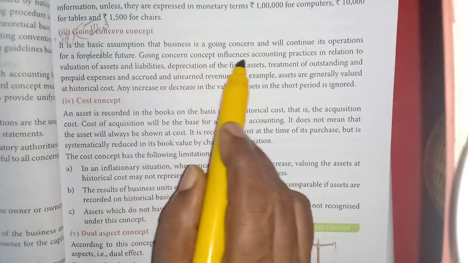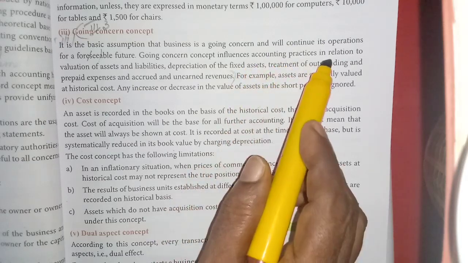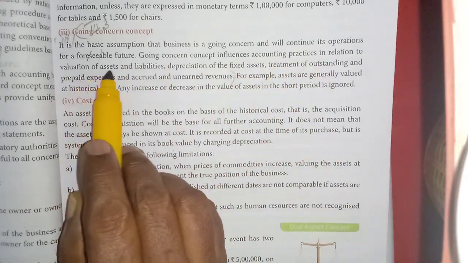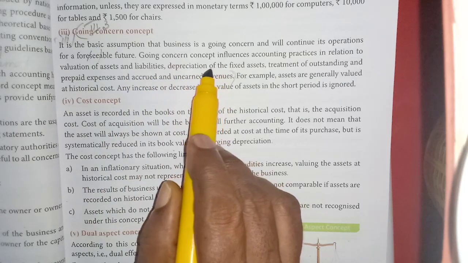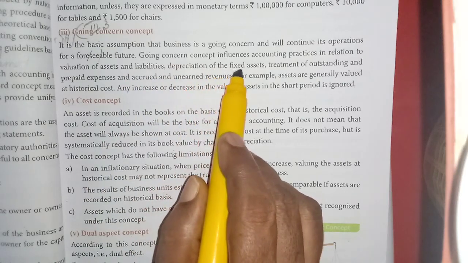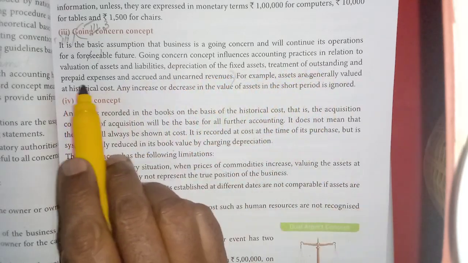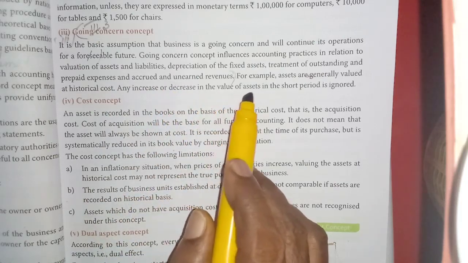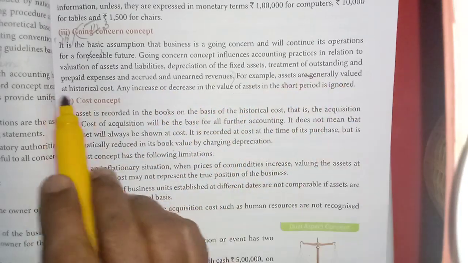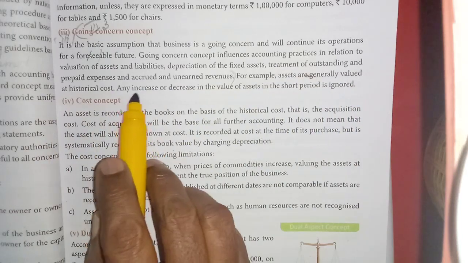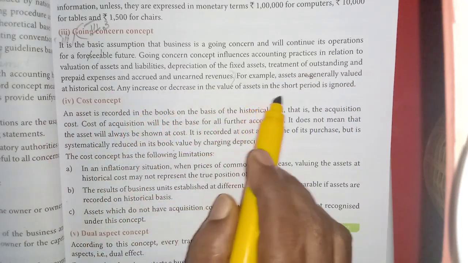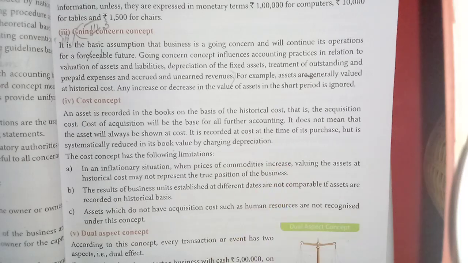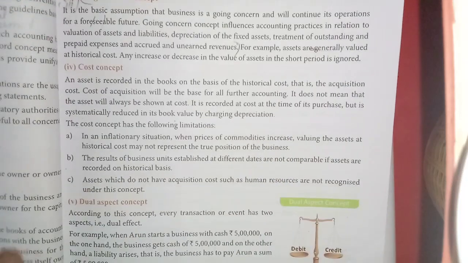Going concern concept influences accounting practices in relation to the valuation of assets and liabilities, depreciation of fixed assets, treatment of outstanding and prepaid expenses, and accrued revenue. Then an example: assets are generally valued at historical cost. Any increase or decrease in the value of an asset in a short period of time is ignored. Okay, that you can write.